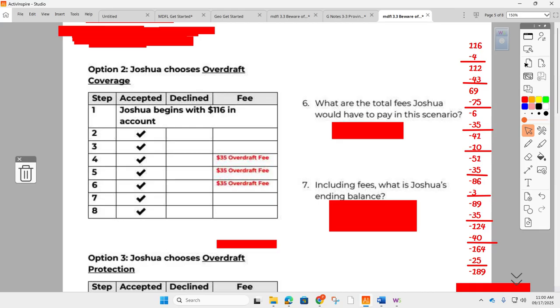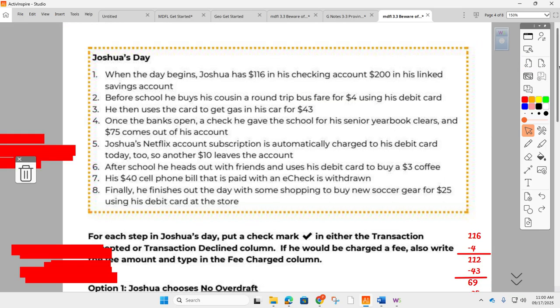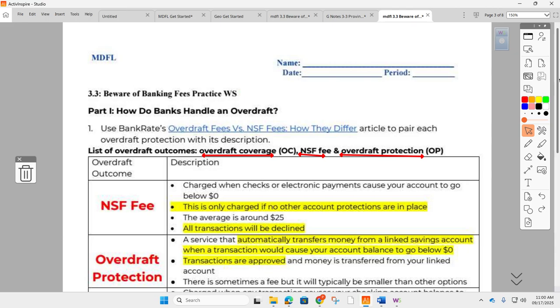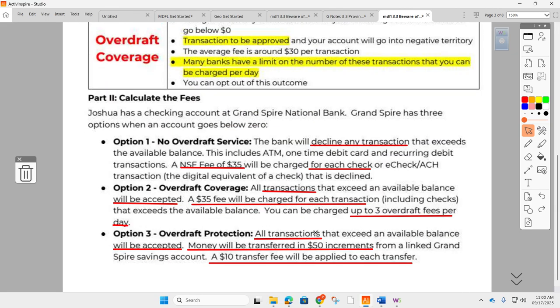So let's go back and go over what option 3 means. Option 3 means they are going to pay everything. But now they will transfer money to cover where we've had negatives in our running balance, so sometimes you're going to be adding $50. Every time you add $50, you're going to deduct $10 for that transfer fee.